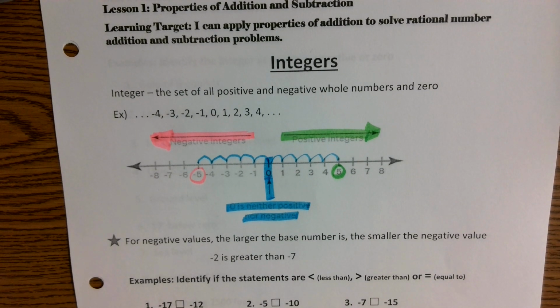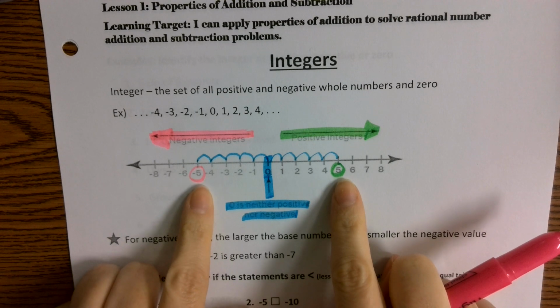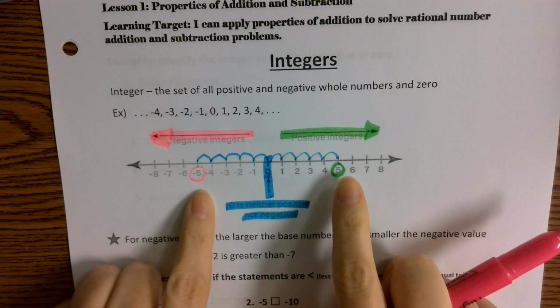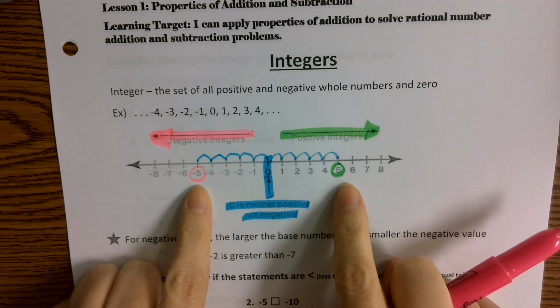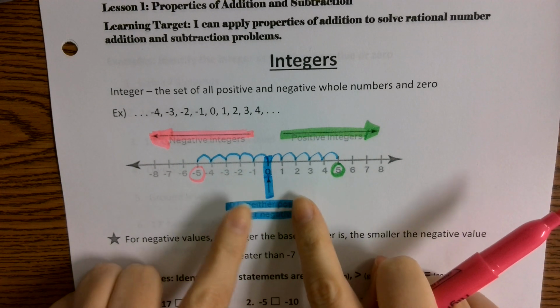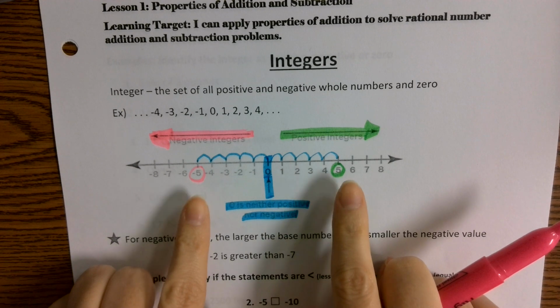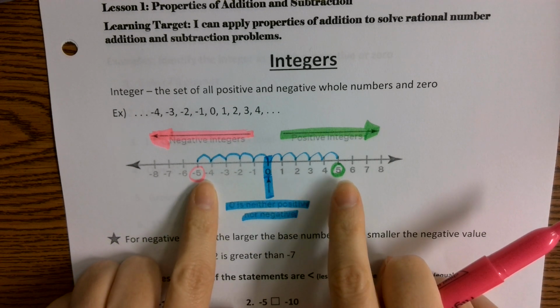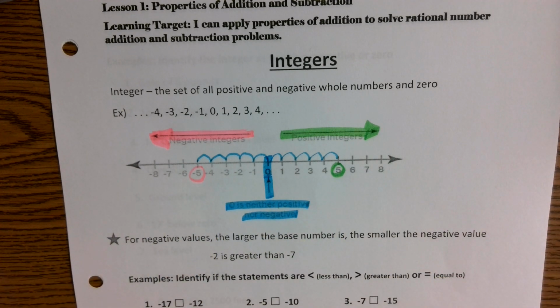These are called 0 pairs. 0 pairs happen to be values that are direct opposites of each other, that if you were to combine those together, it would give you a value of 0. They are both an equal distance away from 0. And distance in terms of integers is called absolute value. So they both have an identical absolute value, distance away from 0. That's what makes them a 0 pair.